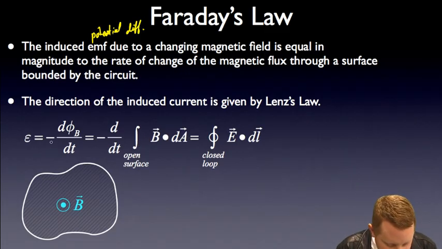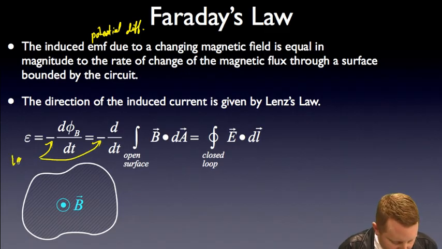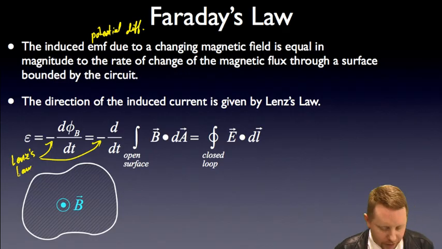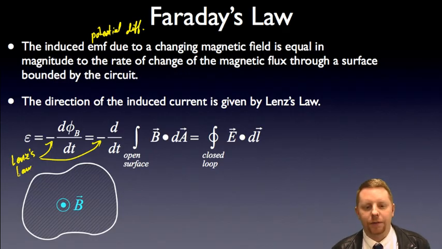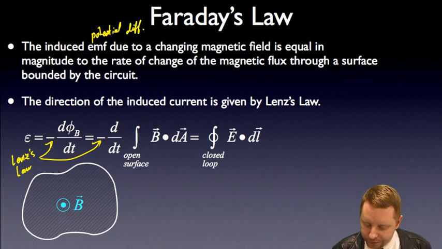Now, these negative signs here are really Lenz's law, which tells you the direction of the induced current, induced potential difference, or magnetic field. And we'll talk about that separately. So if the negative signs worry you, that's just another way of writing Lenz's law, and we'll clear that up here in a minute or two.